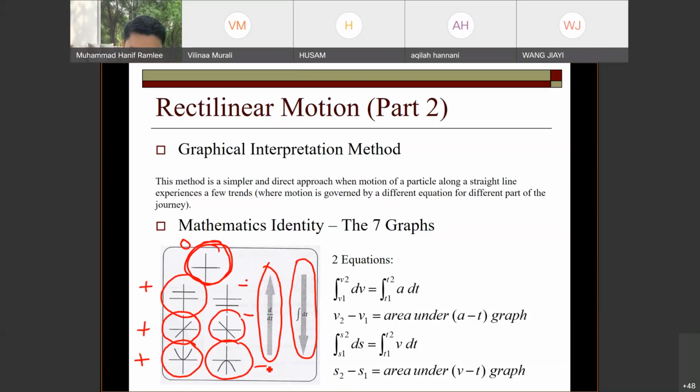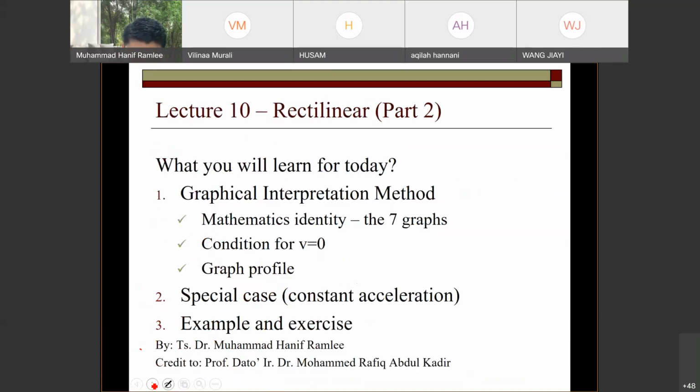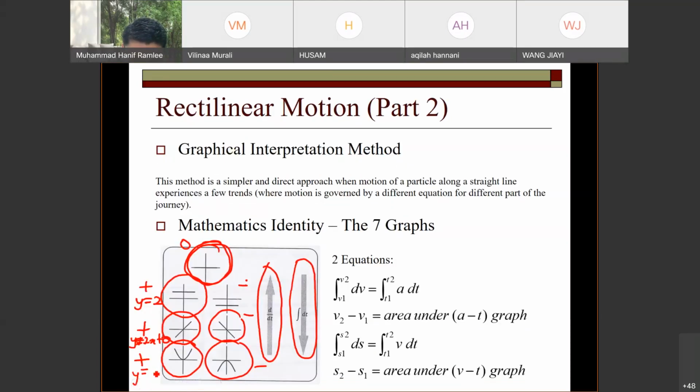The positive and negative values stand for, let's say for this one, y equal to 2x plus 0. This one is y equal to 2x squared plus 4x, for example.